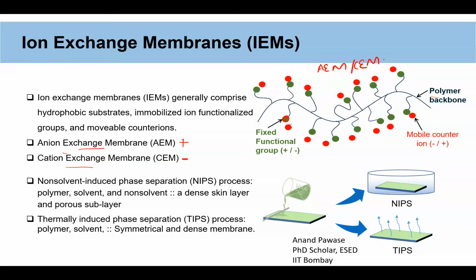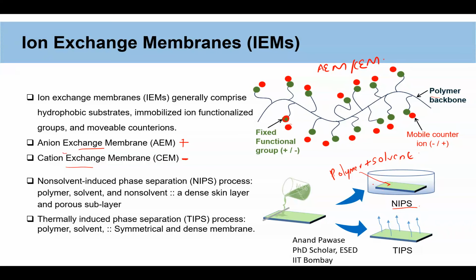So here it is NIPS, non-solvent induced phase separation. That means we have a polymer and a solvent in solution. This is not ion exchange which I am talking about; in ion exchange also there will be a polymer plus a solvent, and then we cast it on the surface.